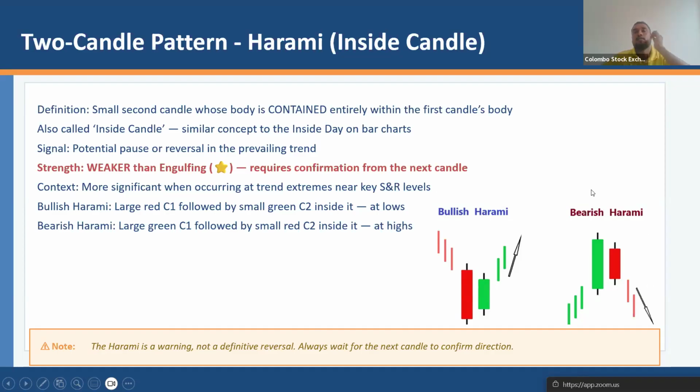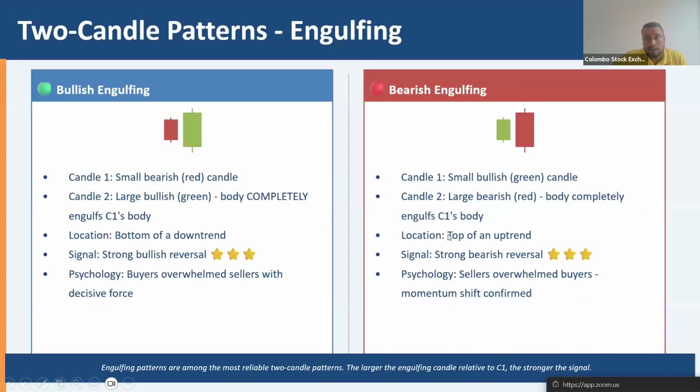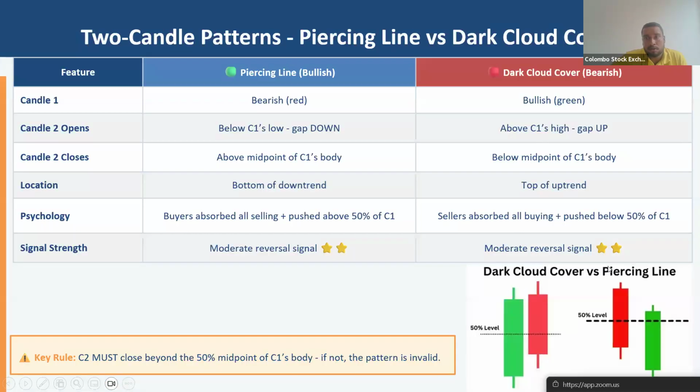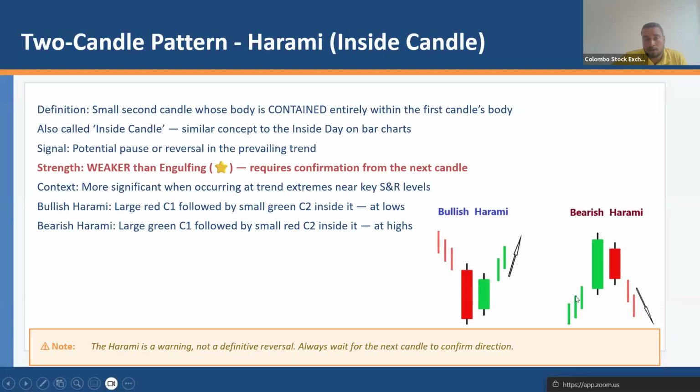Haramis give us weak signals. Okay. I'm not going to look at them on the charts because these are very common. You can look at them on your own as well. Engulfing is very common. The harami, dark clouds and the piercing lines are common. These are also common.